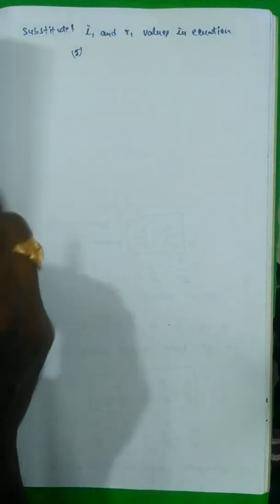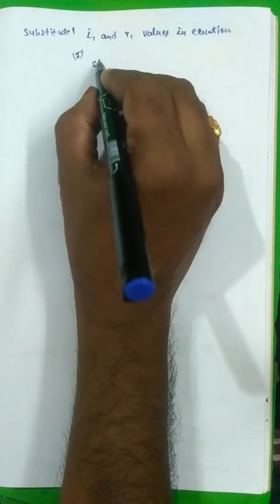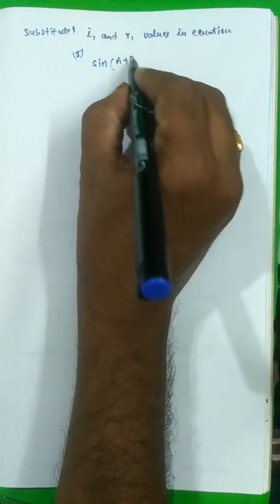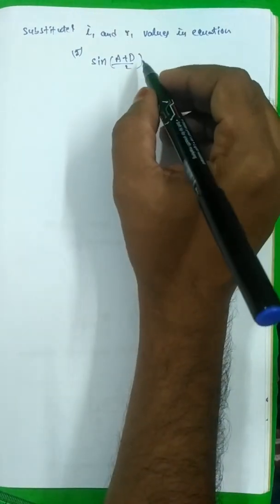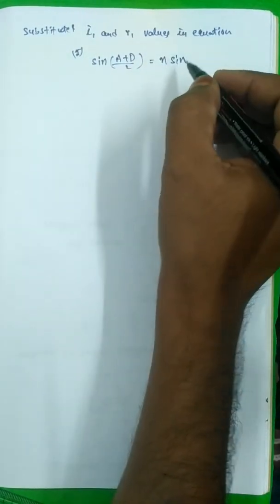What is equation 5? It is sine I1 equals n sine R1. Substituting, we get sine of a plus d by 2 equals n sine of a by 2.